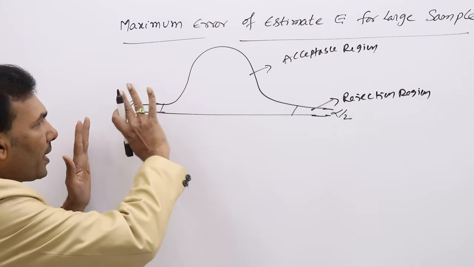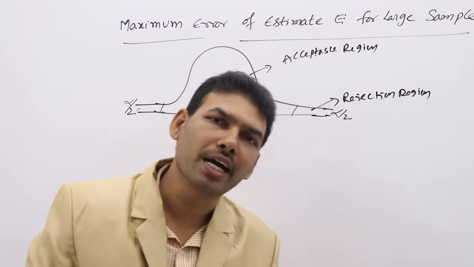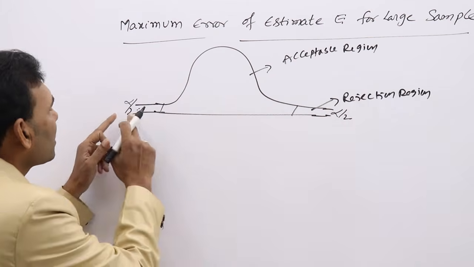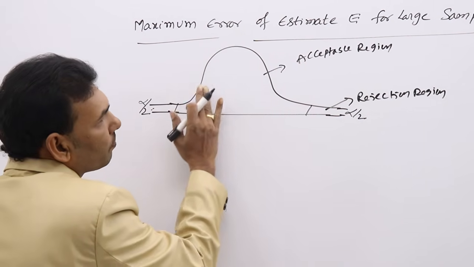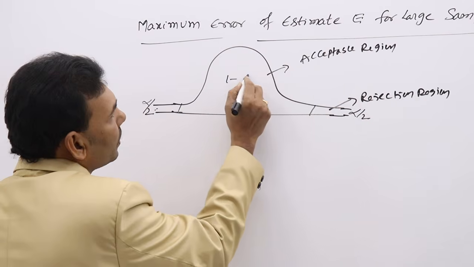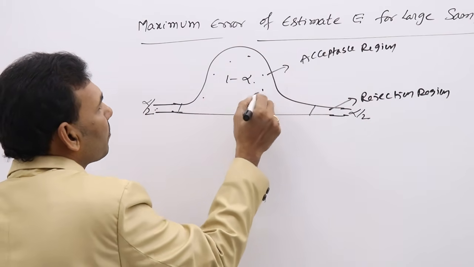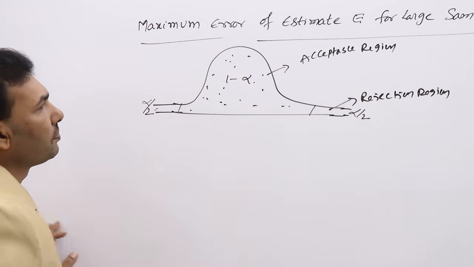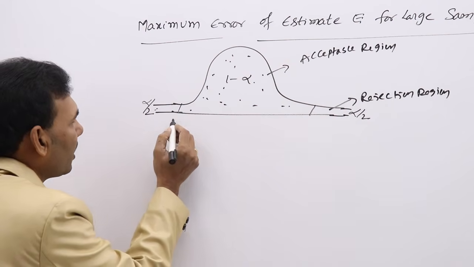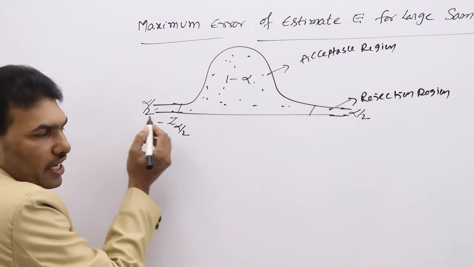We all know that the total area under the normal curve is 1. This is alpha. If you subtract alpha from 1, you will get the acceptable region value. That is 1 minus alpha. This is the acceptable region. Now, this value is minus z alpha by 2 because it is on the left side.